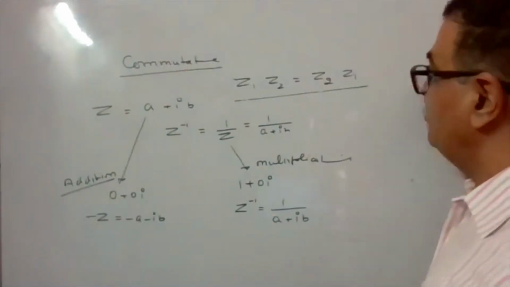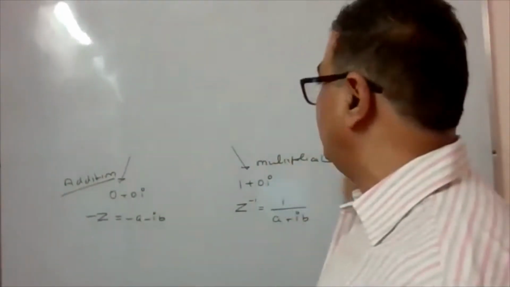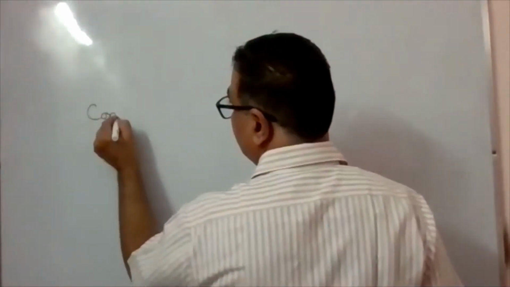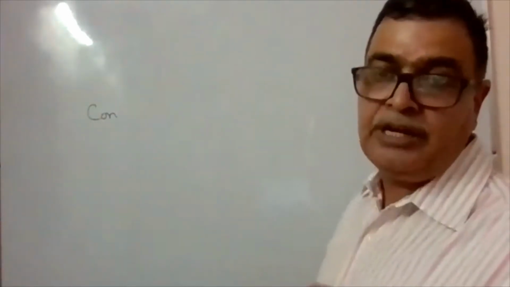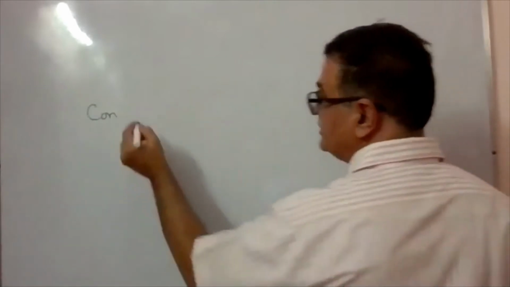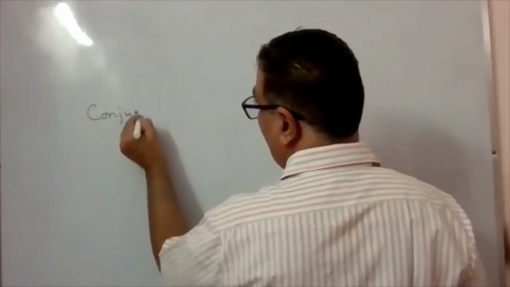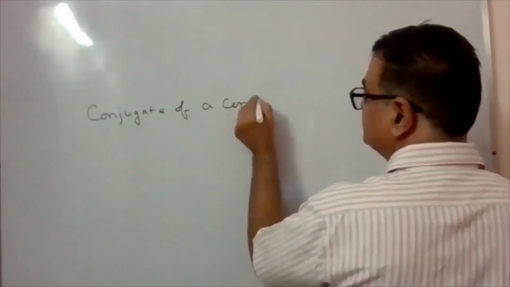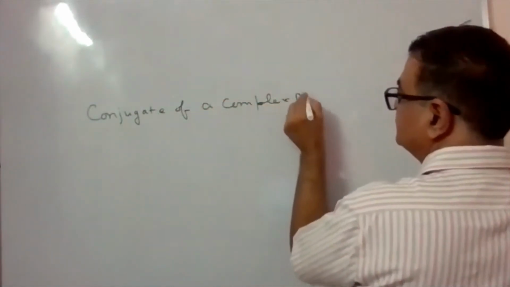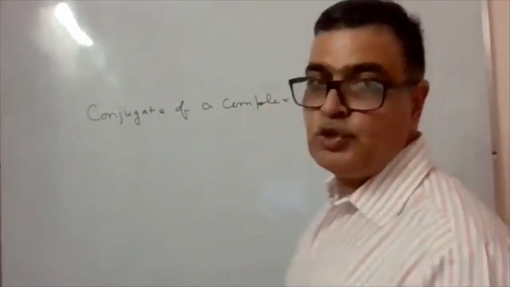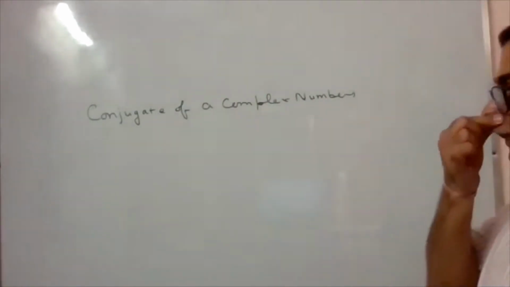After that, now one more piece of information we should know, that is the conjugate of a complex number. This is a new concept we are developing which will help you in solving questions. So we are just taking the conjugate of a complex number.